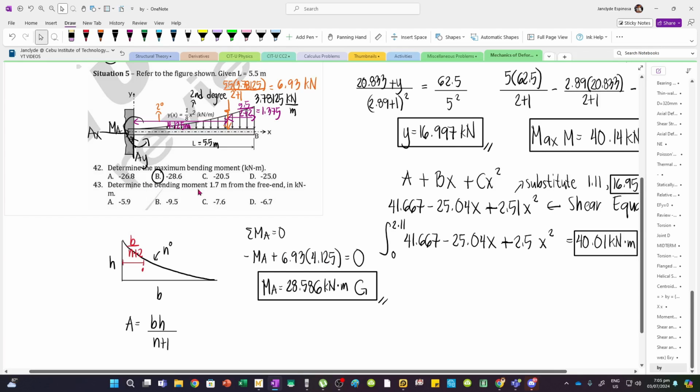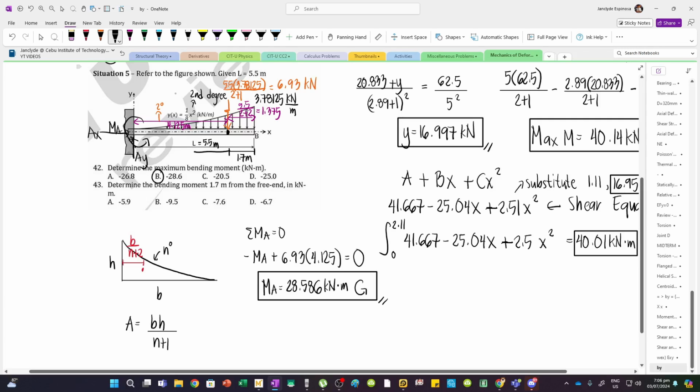Now determine the bending moment 1.7 meters from the free end. Here you have to be careful with the question. This is from the free end, not the fixed end. So from the free end we have 1.7, and we want to calculate the moment at this particular point.